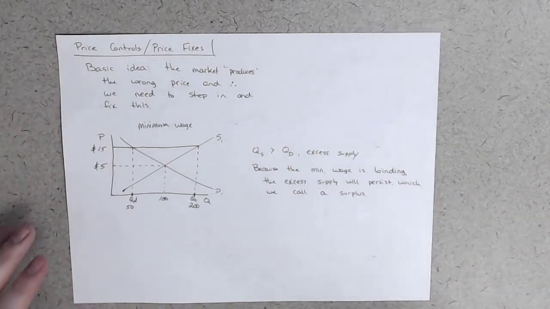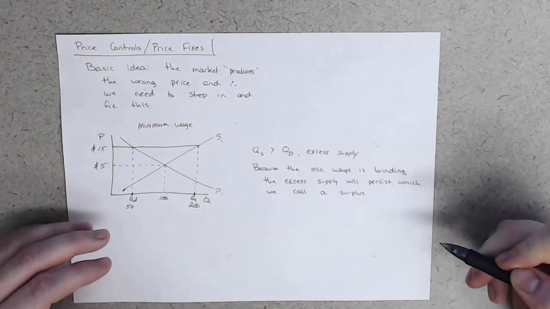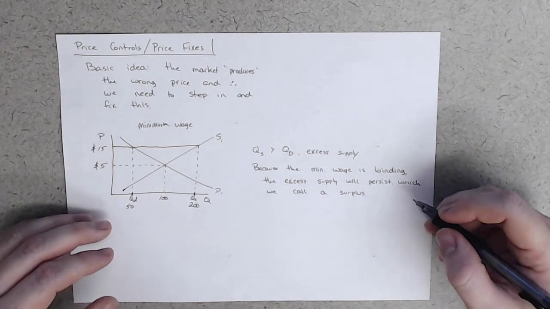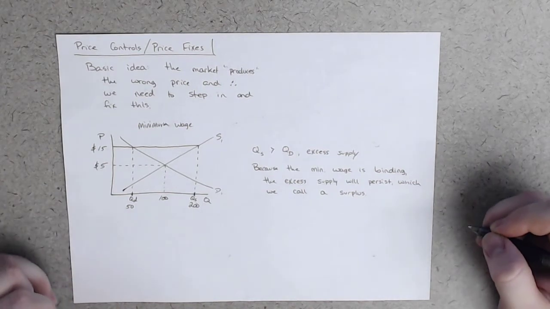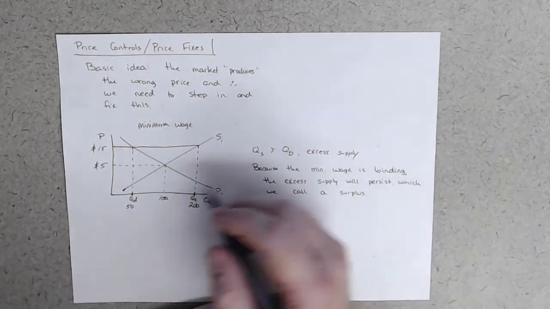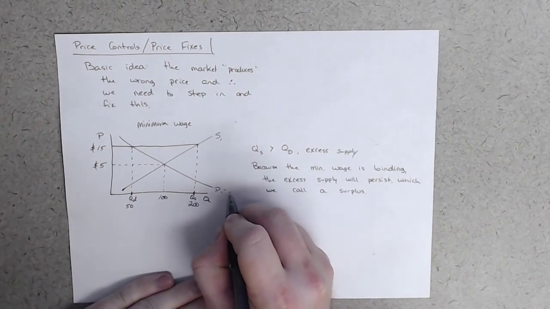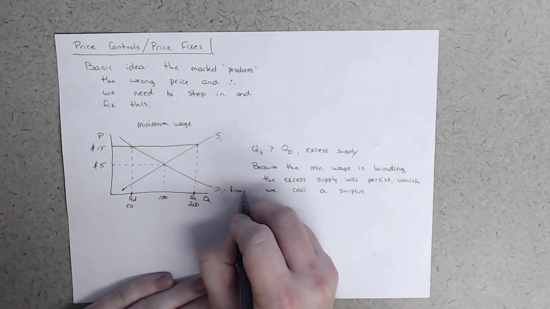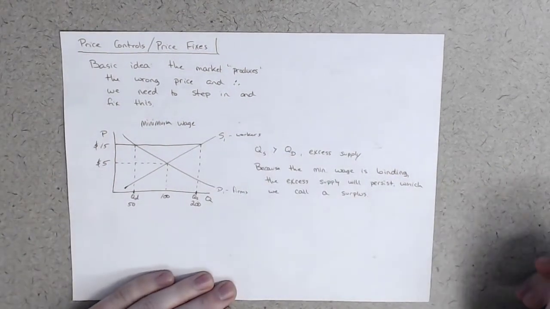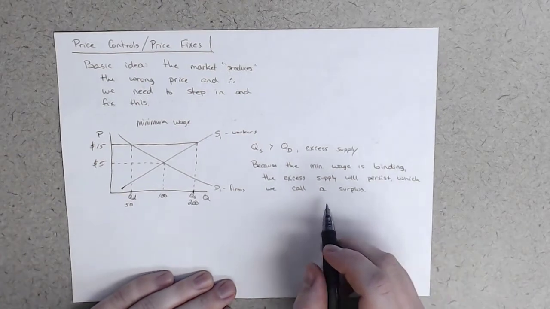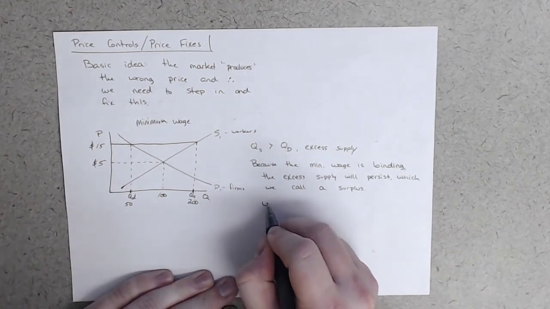So a surplus is an excess supply that persists, or it is a persistent excess supply. Okay? And in the context of labor, or this is the business or the firms, and these are the workers. In the context of labor, we call a surplus of labor unemployment.